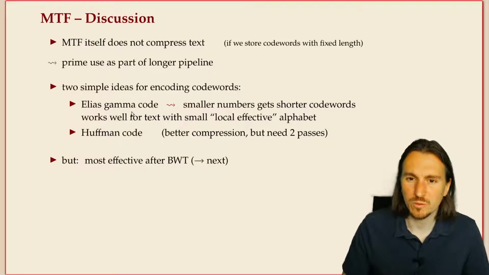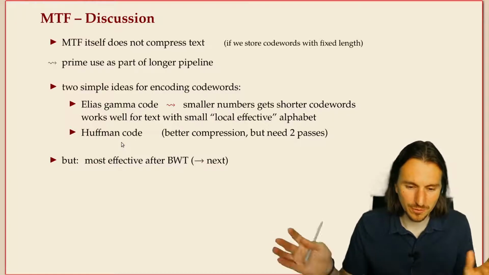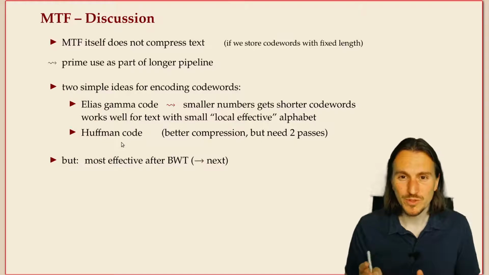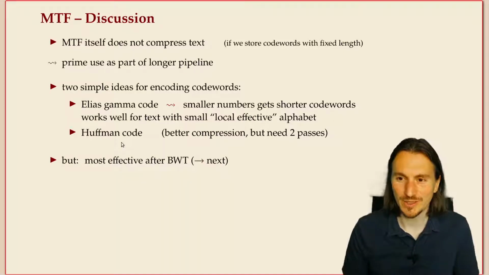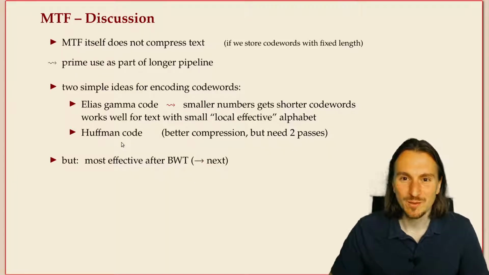So that can work well. And the other option is, of course, a Huffman code. Then you would have to do the 2 passes, but it achieves better compression. But the most striking reason why we want the move to front transformation is actually only clear after we talked about the next transformation, because those 2 in combination are the really effective compression methods.